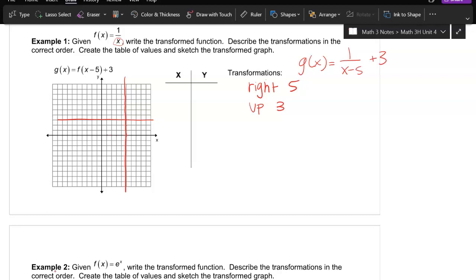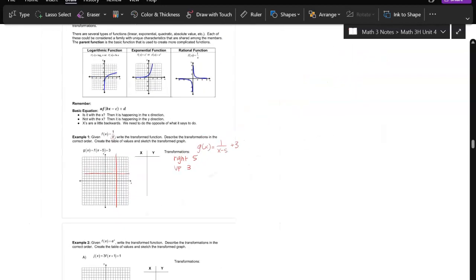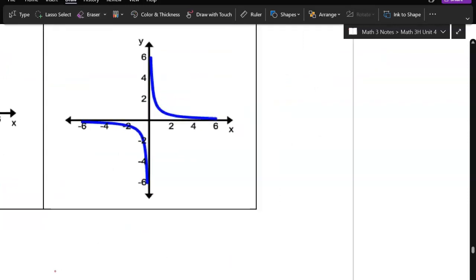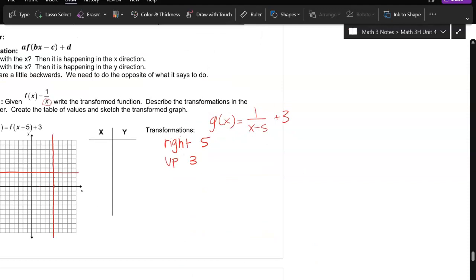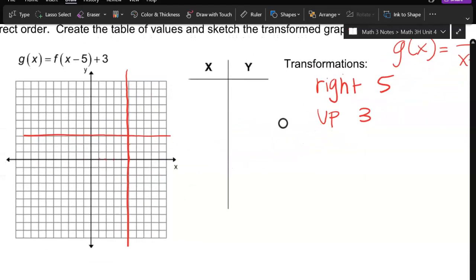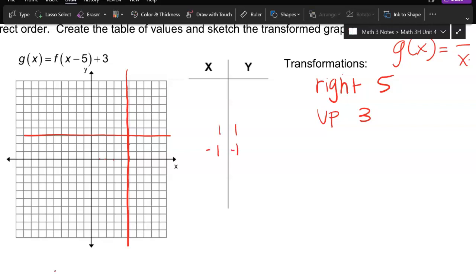All right. From our parent function, we have 1, 1 is this point here, and negative 1 is this point here. And then you kind of go from there. So looking at our original set of points, 1, 1, and negative 1, 1.